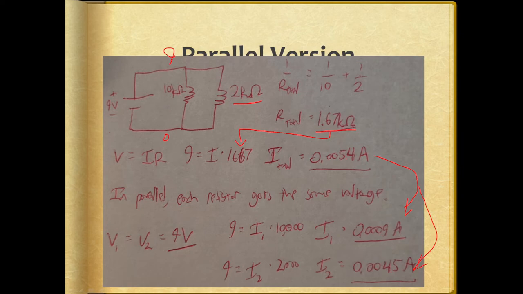So resistor 1 right here has a 9-volt voltage drop, and we know that there is 0.0009 amps of current flowing through that particular resistor in this specific circuit. Using that new power formula, P equals IV, with this voltage and this current, we'll be able to determine how much power is drawn specifically by that resistor in this total configuration.